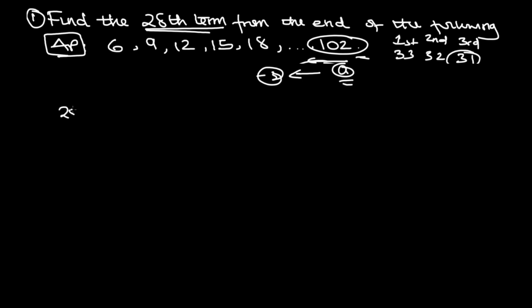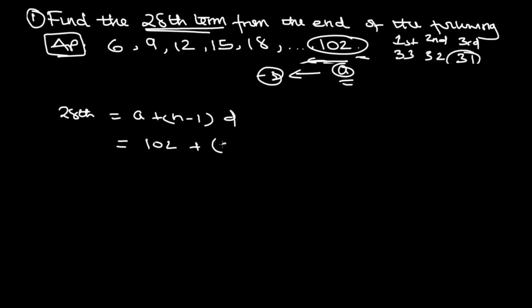So 28th term, this time around, is going to be A plus n minus 1 d, right? So the 28th term, n will be 28, because we're not coming from the other side. So here now the first term will be 102, right?